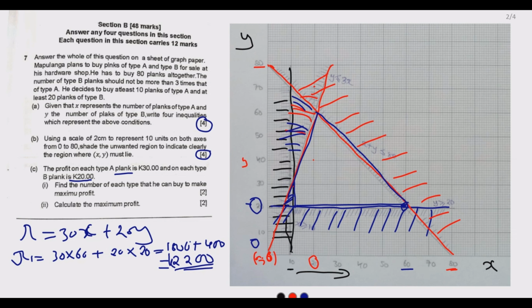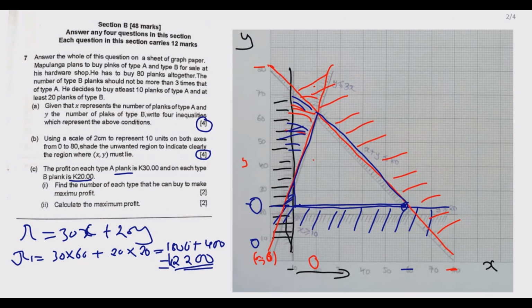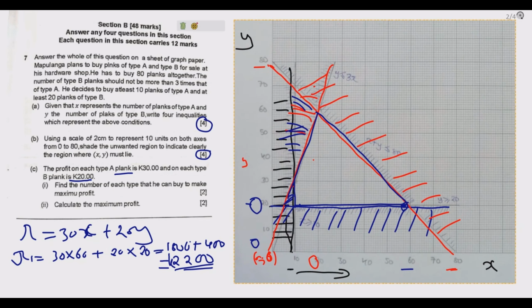The next extreme, when we are at this point, we have x is 10, y is 20. So along that line, profit number 2 will be 30 times x, which is 10, plus 20 times y, which is 20.